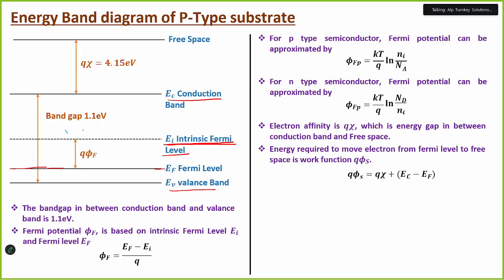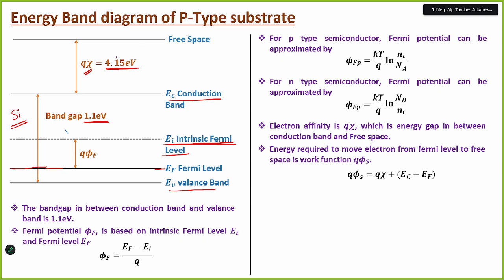What is the distance between the valence band and the conduction band? For silicon, the distance is 1.1 electron volt. The distance between the conduction band and free space we can call the work function, q times chi, which is equal to 4.15 electron volt.